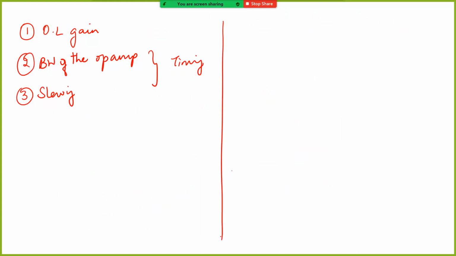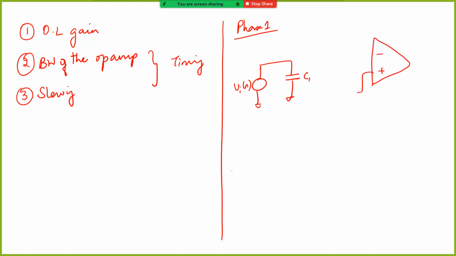So let's say in phase 1, what happens? You have Vi of n charging up your capacitor. So this happens normally, right? On the other hand, you have something like this, let's say this is V naught of n, and let's say this is C2.